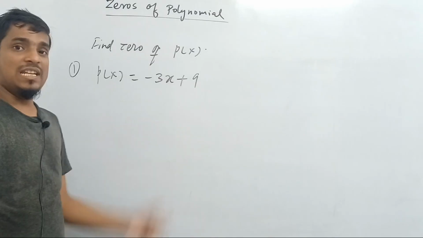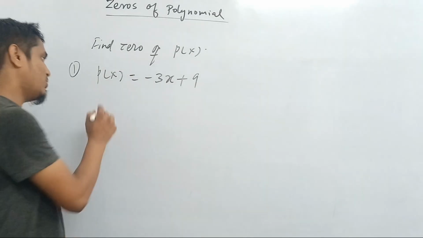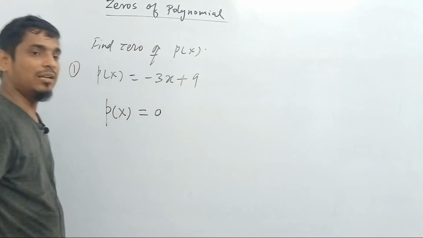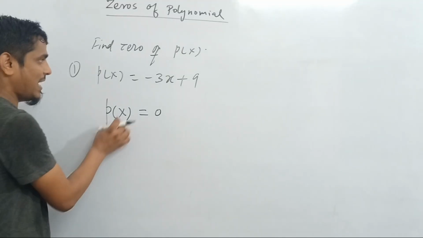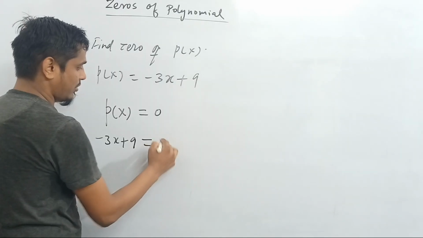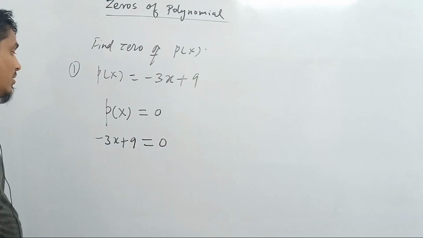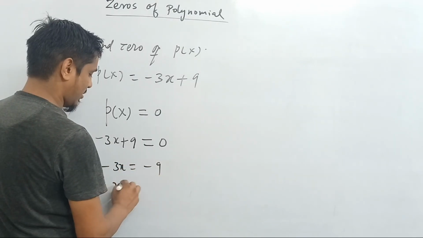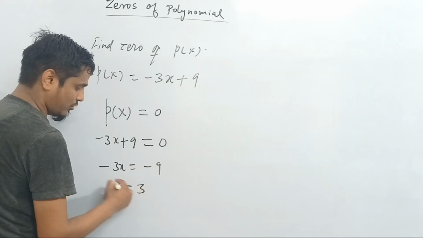As this is a linear polynomial, in order to find the zero of this, what we need to do is put the value of p(x) equal to 0, and then solve the equation for the variable x. Now p(x) is given as negative 3x plus 9, which is equal to 0. So it's a linear equation in one variable, so you can easily solve it by using transposition. So we get negative 3x equal to negative 9, so x is equal to, dividing both sides by negative 3, x equal to 3.